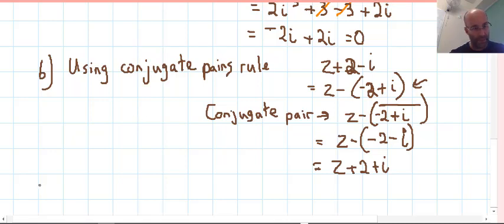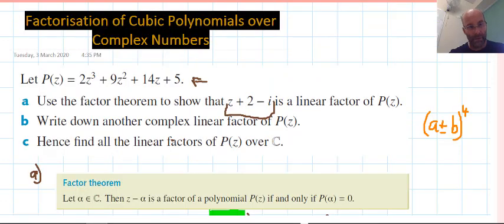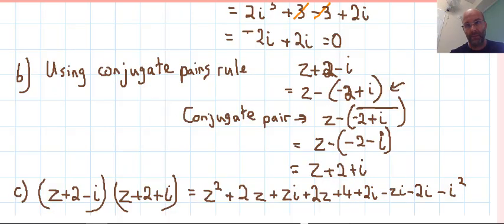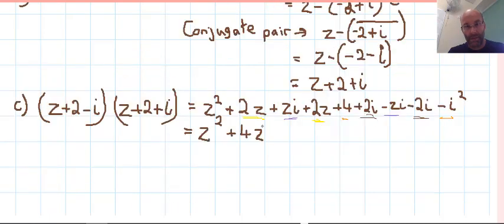Now for the last part, part C. We've got to now find all the other linear factors of p of z over C, so complex factors. We've got 2 factors so far. I've listed them and I'm expanding that out now. You can see some like terms, so I've tried to color code them. Hopefully you can see that.